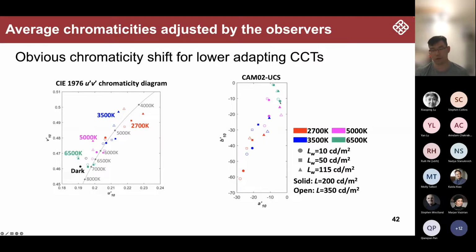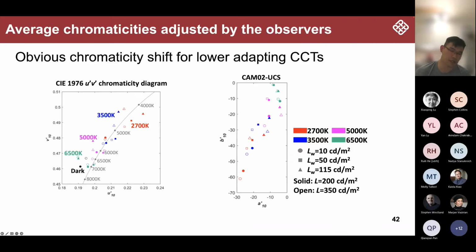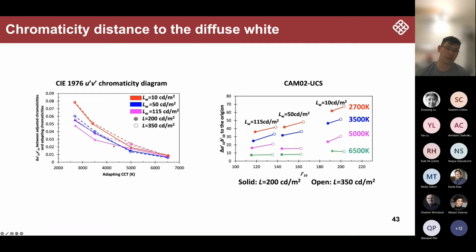So all the green dots are close to each other. But for the red dots, they separate very randomly. So this again says that CAM16-UCS is not so good when the adapting condition was 2700K. Now we calculate the chromaticity difference between the chromaticity adjusted by the observer and by the adapting condition. This can show the results much more clearly.